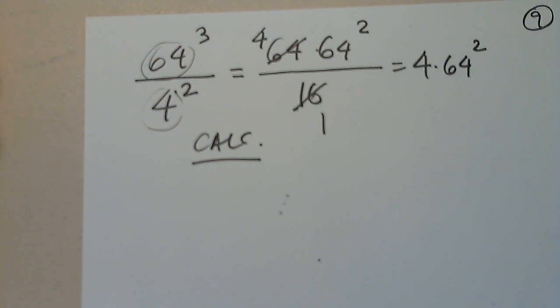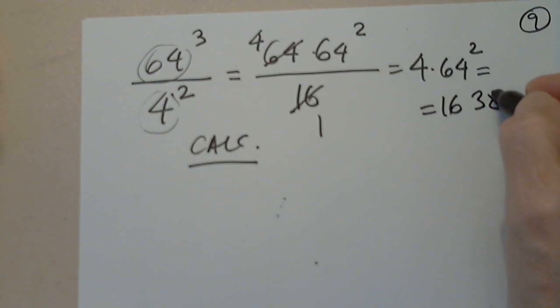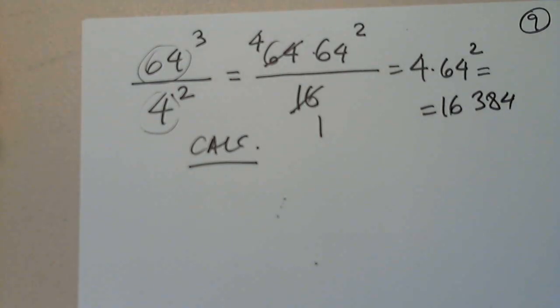But I made some simplifications, and should be fine. I simplified it to 4 times 64 squared. It has to be the same answer. If I don't get the same answer, I'll say, oops, and do it again. So this is 16,384. Good.